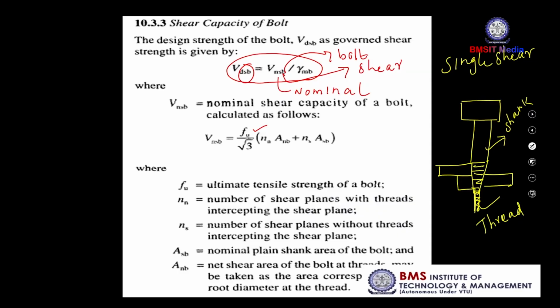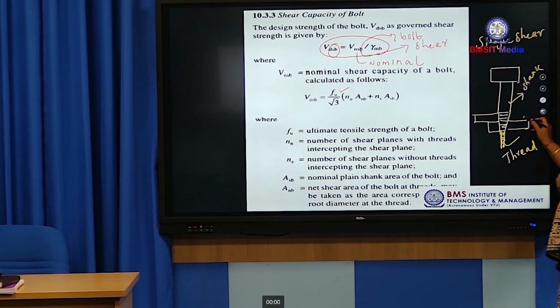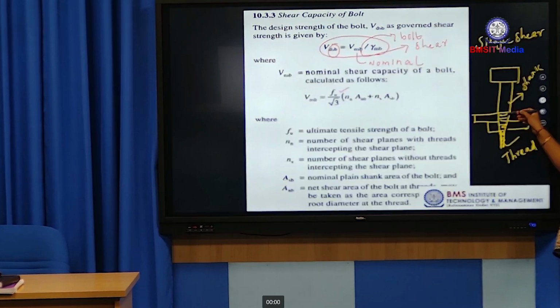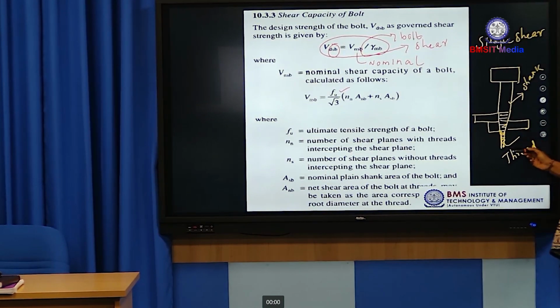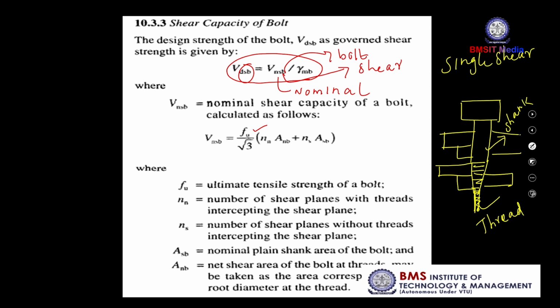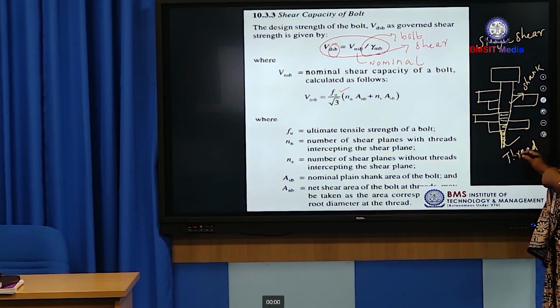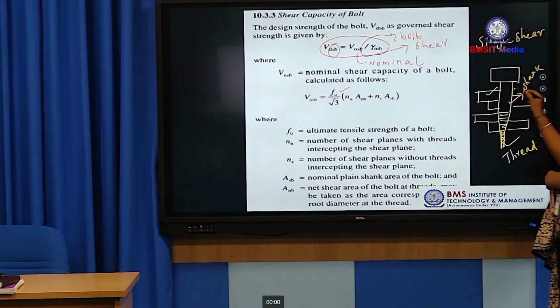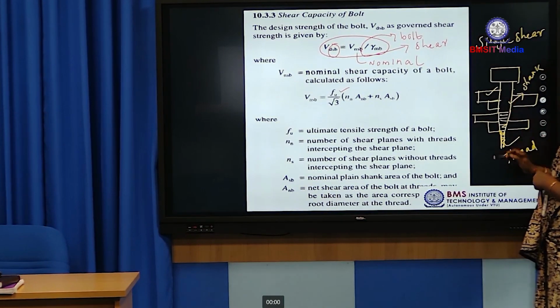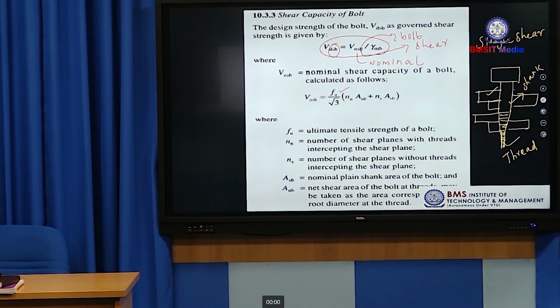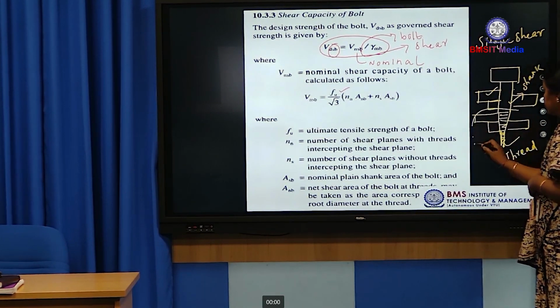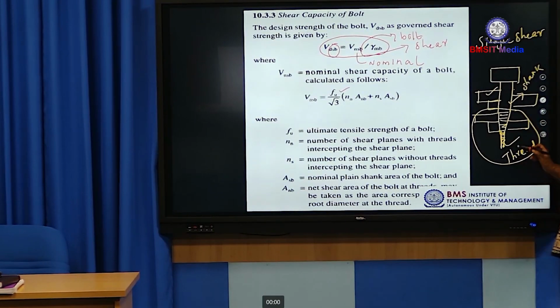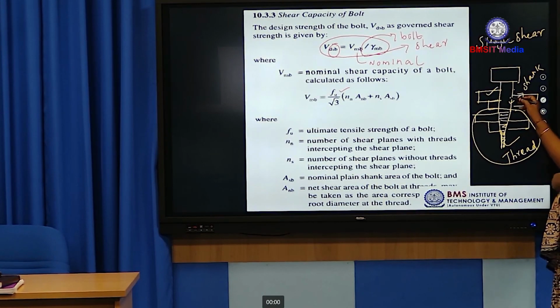See here, there are two possibilities. One is that the thread passes through the shear plane. Otherwise, the shank area passes through the shear plane. Two things are possible: the first is the thread area passing through the shear plane, and the other is the shank portion passing through the shear plane.